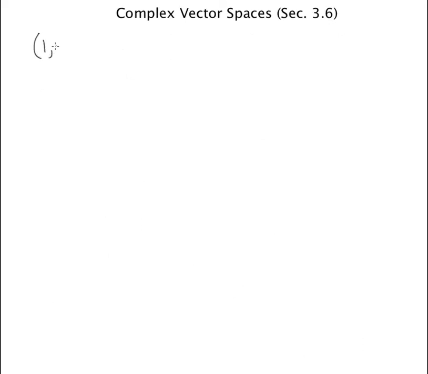So, for example, if I asked you to do the following calculation, what would you get? Let's see, 1 plus i times i is the first coordinate, and the second coordinate is i plus i.